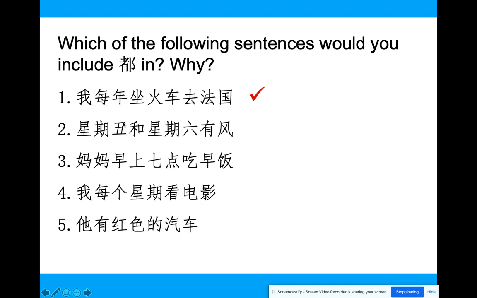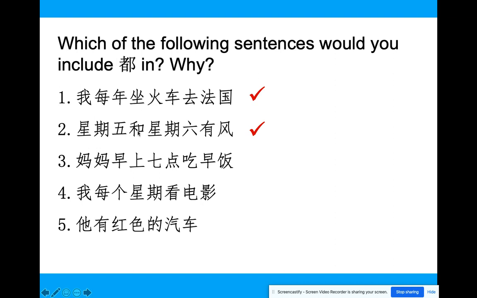Second one, do you put 都 in this sentence? Yes, you can because it says Friday and Saturday are windy. So two days, like a plural subject. So you can put 都 here. 星期五和星期六都有风.